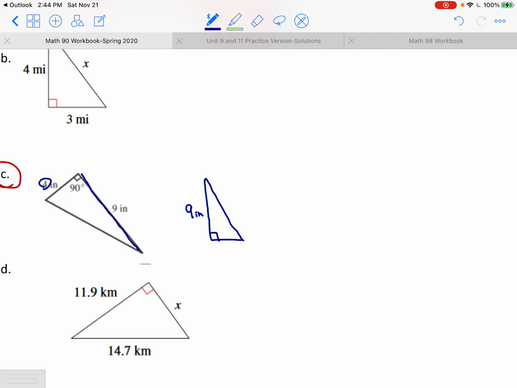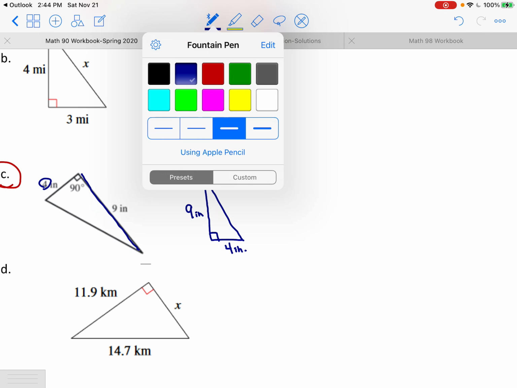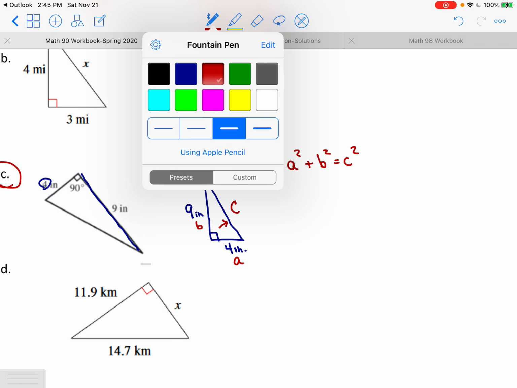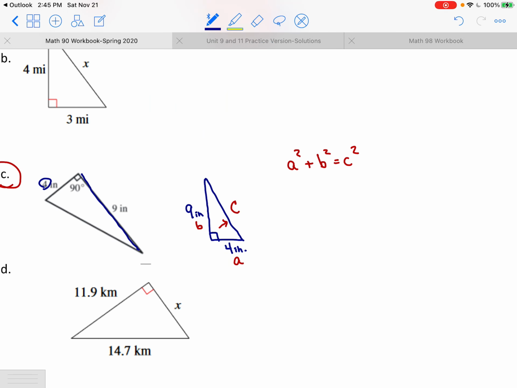Okay, my base I can see down here is 4. So now I know what I'm really solving for. If I call this my A, my B, I can see that I am solving for my C in this particular case. Okay, so now I can write out my formula and plug in what I know.